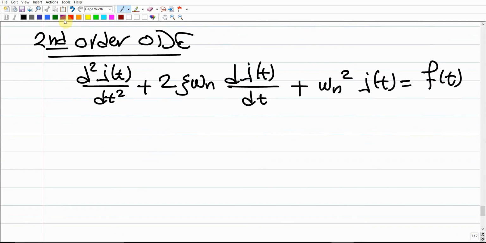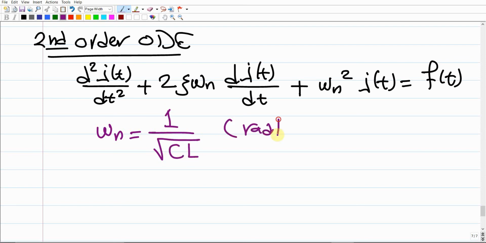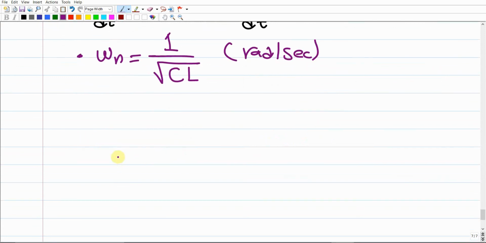Where omega n, we agreed, equals 1 over the square root of C times L, and its unit should be radian per second. This is the natural frequency. Also, we got xi, which is the damping factor. This damping factor should be R over 2 times the square root of C over L, and it is dimensionless.